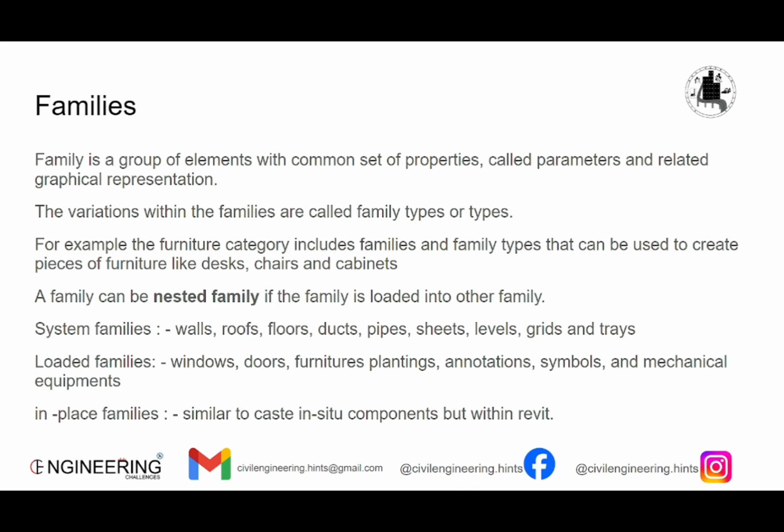If we take a dining table, a desk is one family, chairs could be another family, and cabinets can be another family. But at the end, all of them will have the same set of parameters, but with different values embedded in them.